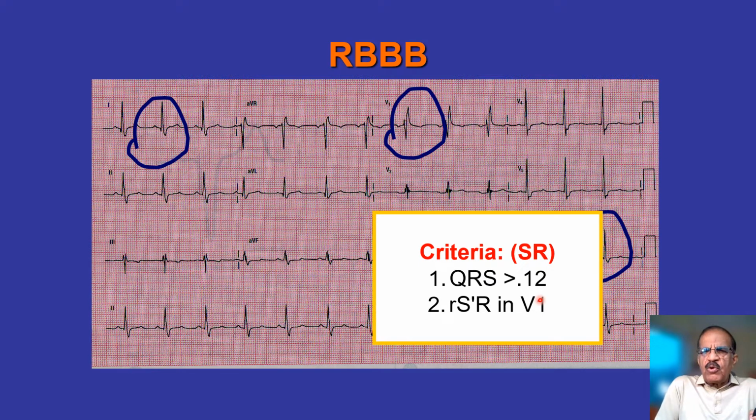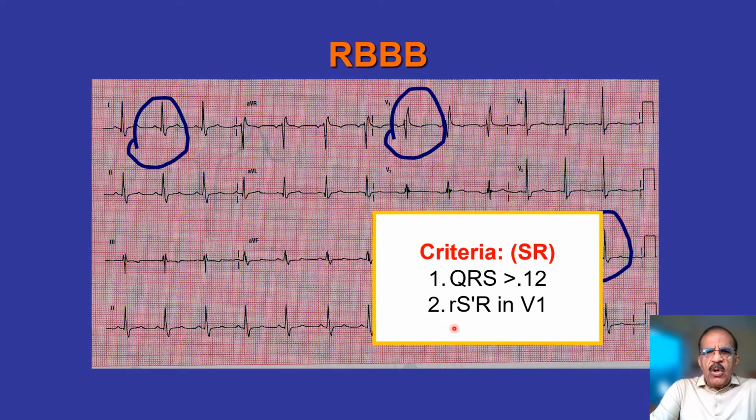So for the QRS complex total duration, a bundle branch block should affect all QRS complexes, although in some complexes it is easier to identify the start and the end of the QRS complex, and in others it may not be, because part of the QRS complex may be isoelectric. So you have to identify a QRS complex where you can clearly identify the initial part and the end part, and that is a complex which should be used. It should be 0.12 or more, and there should be an RSR pattern.